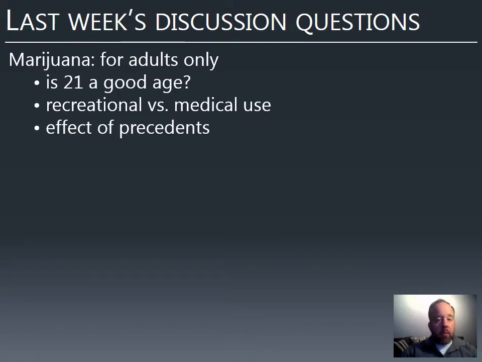So, for example, it's probably a bad idea to have the age for a driver's license be the same as the age for drinking, because then you'd be starting both processes at once. And these are things a person has to learn about, has to get used to. So the question is how many different practices, whether it's driving and drinking or drinking and using marijuana, do we want to throw at a person at once?